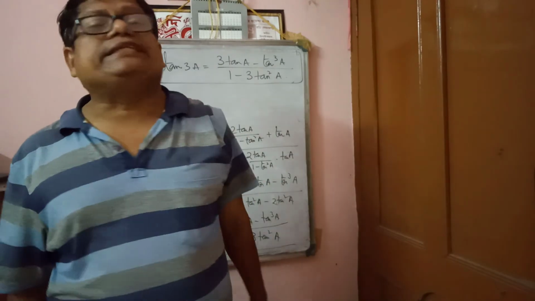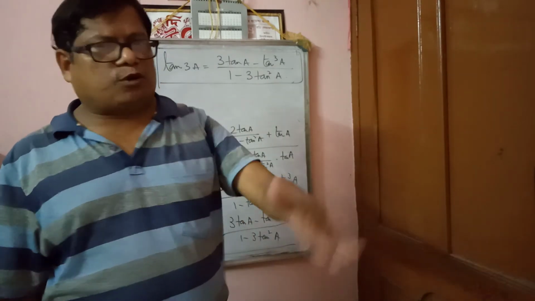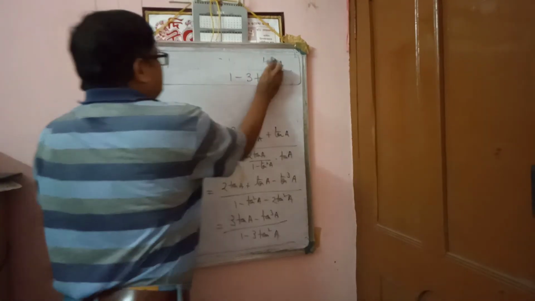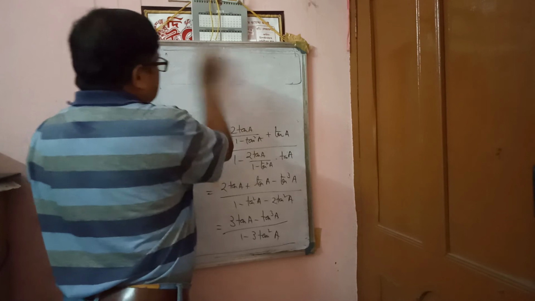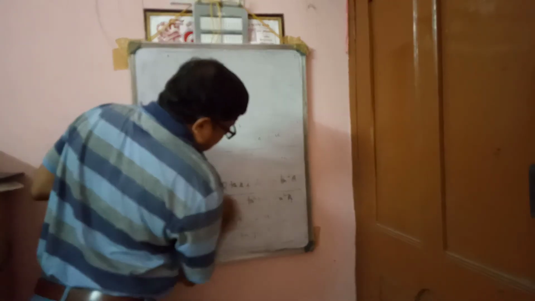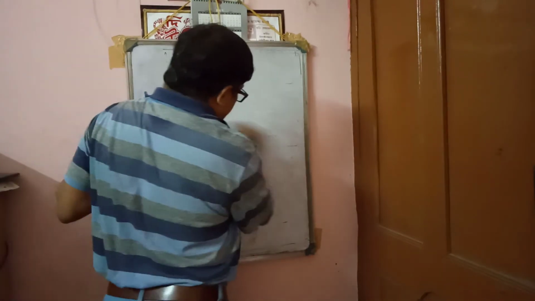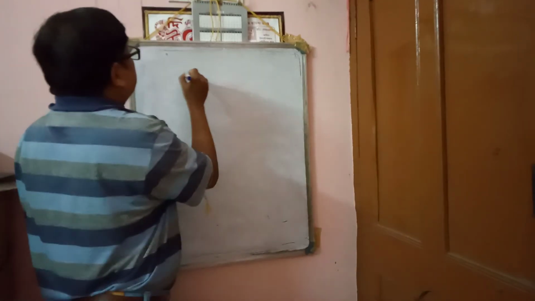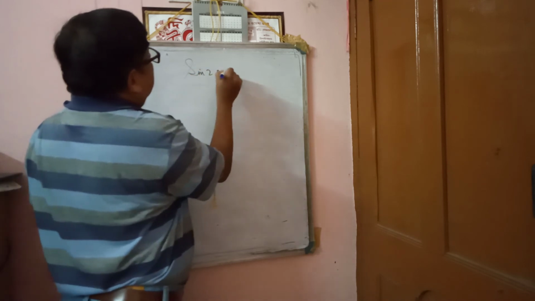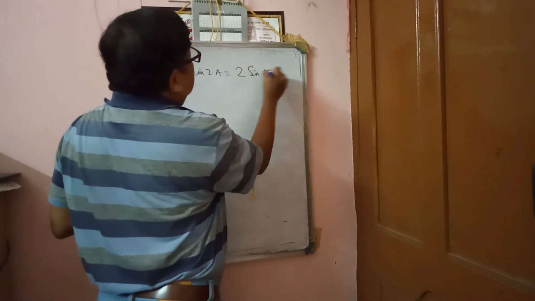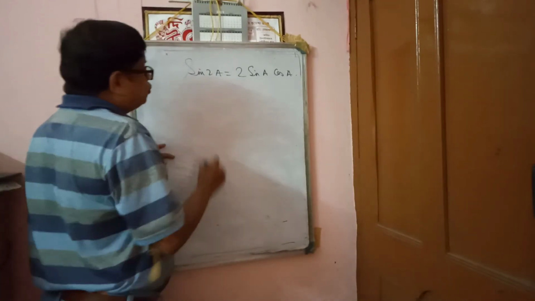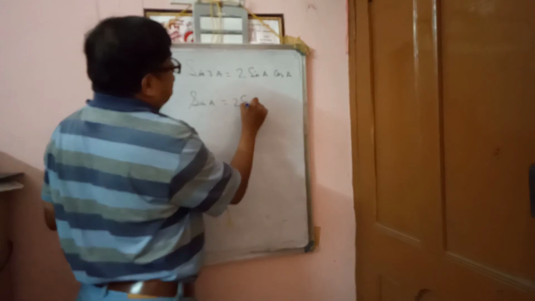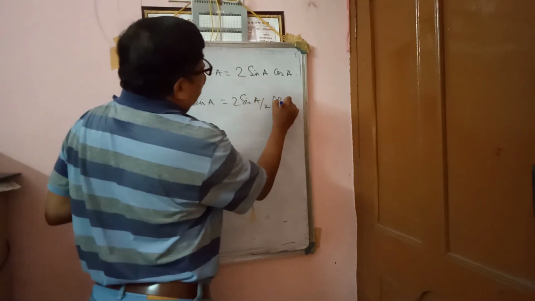Similarly, suppose sin theta in some multiple formula, a similar formula is there. See, I am showing here, then it will be very easy for you. Just replace A by A by 2 in place of A. We get sin 2A as 2 sin A cos A, so sin A we can write as 2 sin A by 2 cos A by 2.